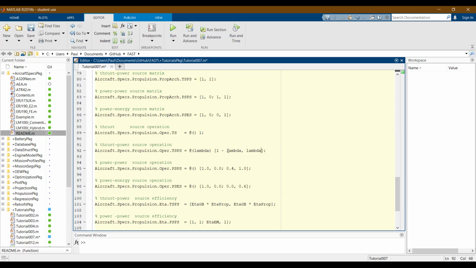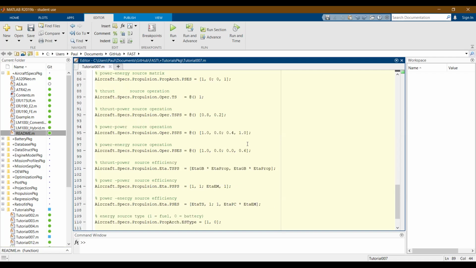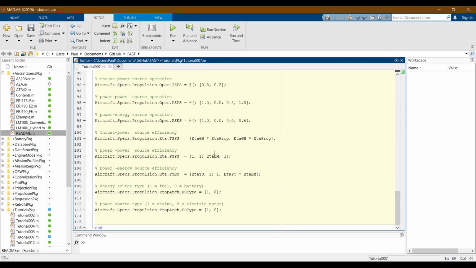We're just splitting it depending on the segment that we're flying. So that's a really nice feature of FAST. You can change the power management strategy as a function of the segment. Anyway, let's put it back to what we had it at. And now we'll move on to the efficiency matrices.